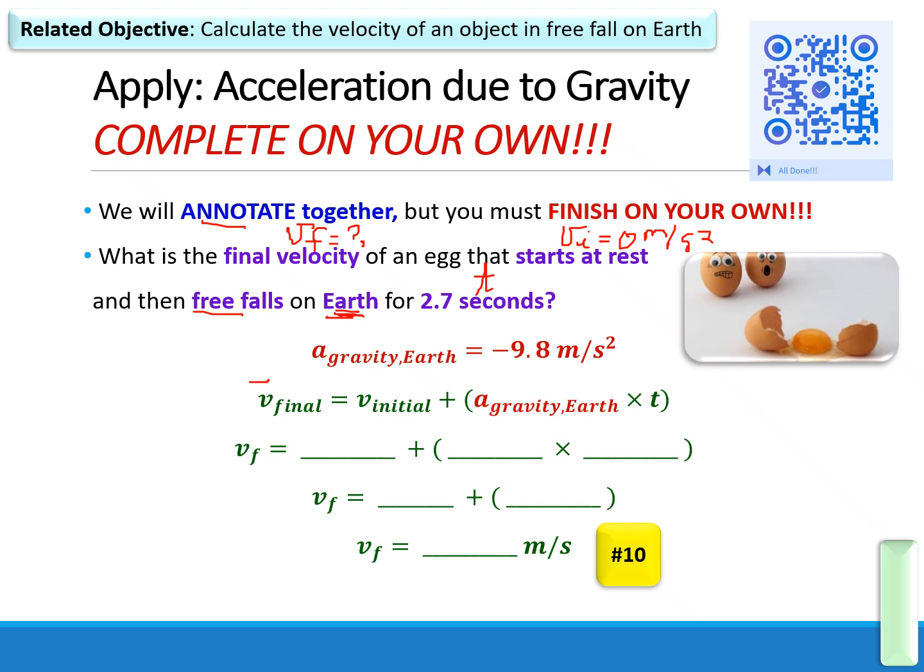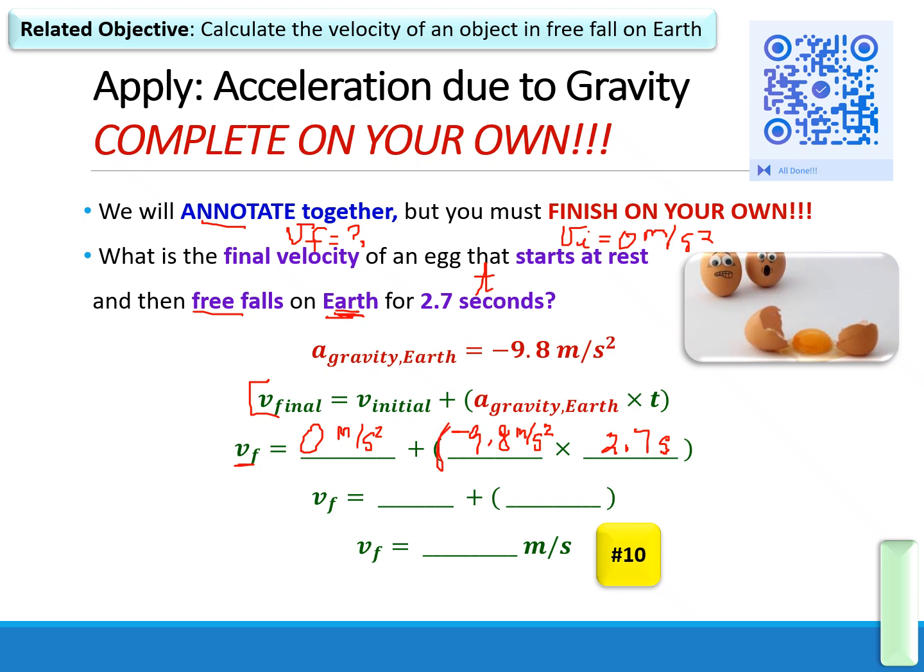So here is my formula. My final velocity is equal to my initial velocity, which we said was 0 meters per second squared, plus gravity on Earth, which we said was a negative 9.8 meters per second squared, times time, and our time is 2.7 seconds. So with this calculation, right?